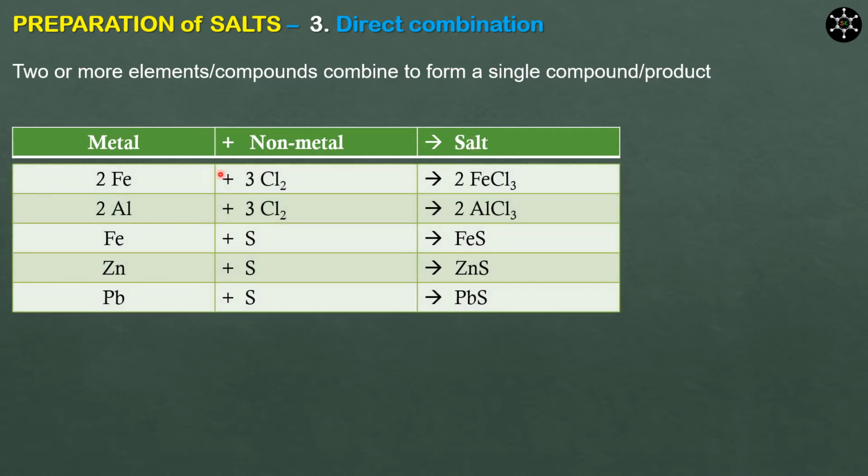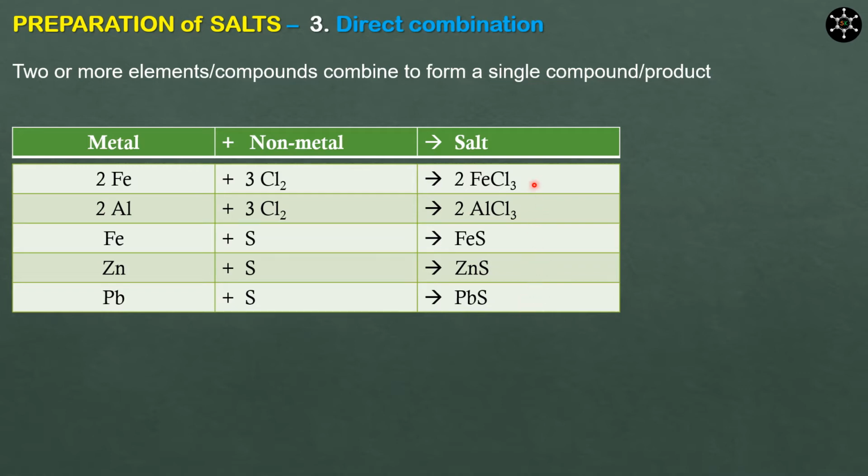Examples: iron combines with chlorine forming ferric chloride, aluminium and chlorine forming aluminium chloride, iron and sulfur forming ferrous sulfide, zinc and sulfur forming zinc sulfide, lead and sulfur forming lead sulfide. Observe, all these combination reactions are also redox reactions.